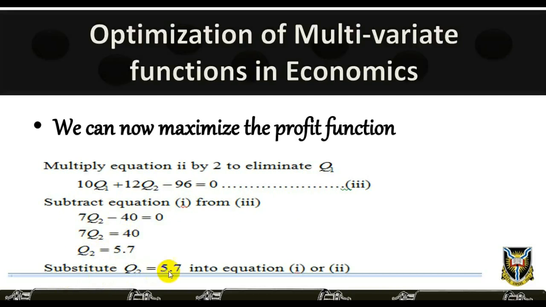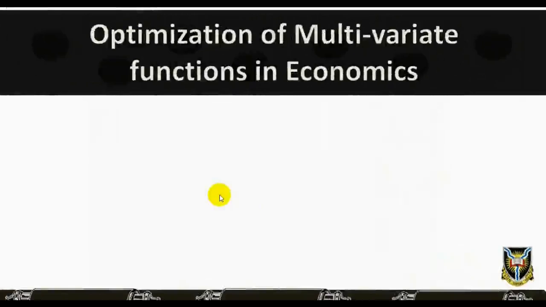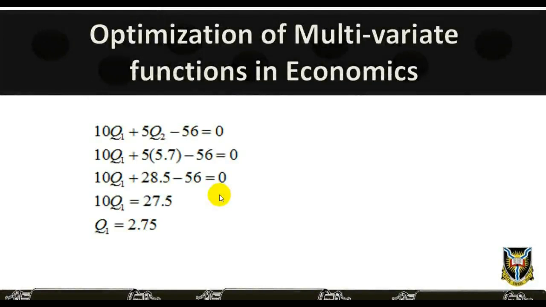Substitute Q2 equals 5.7 into equation 1 or 2. 10Q1 plus 5Q2 minus 56 equals 0. 10Q1 plus 5 times 5.7 minus 56 equals 0. 10Q1 plus 28.5 minus 56 equals 0. 10Q1 equals 27.5. Q1 equals 2.75.